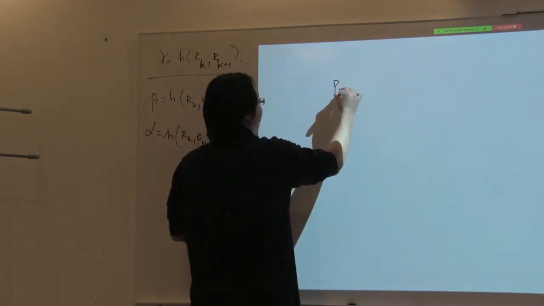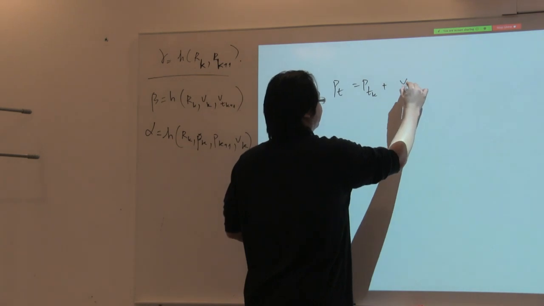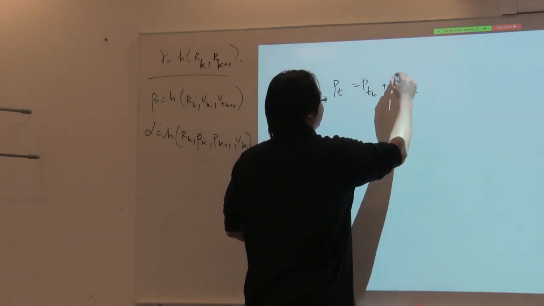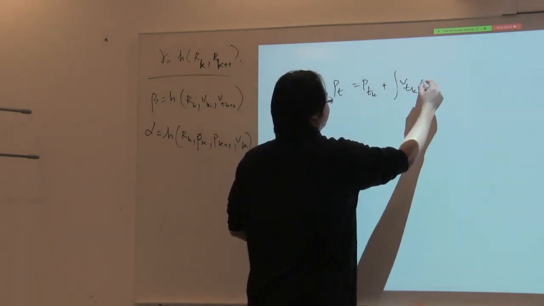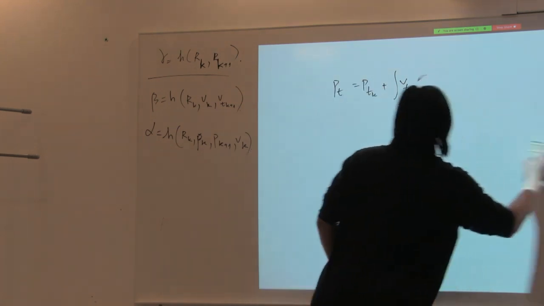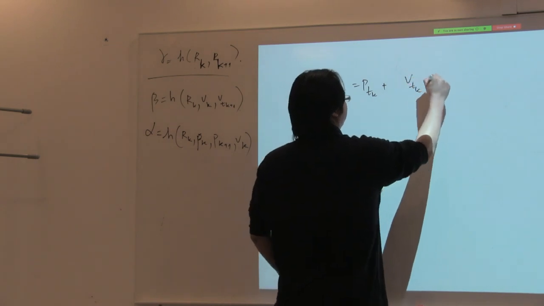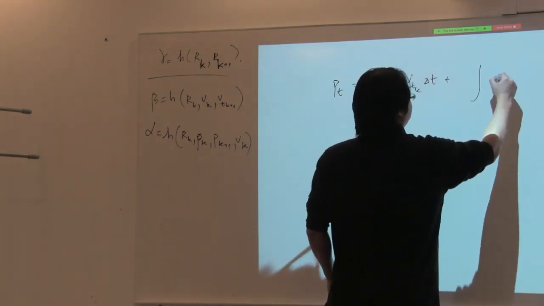So B_T is B_TK plus the integration of A. We need to do this integration.